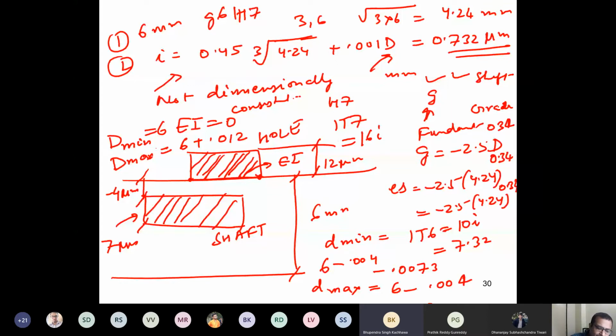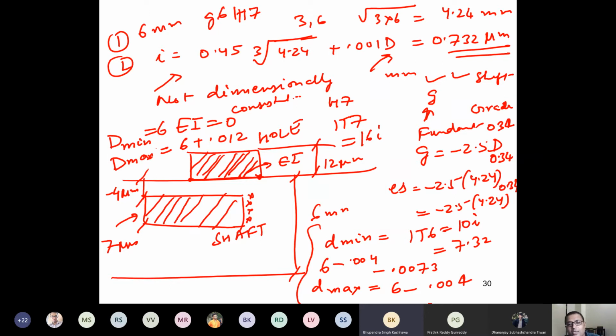In most cases, I can make my shaft here also, this size also, this size also, as long as I am between this D min and D max. As long as I have this 7 micron tolerance, I have to make my shaft between these two limits and my hole between these two limits. So I have to make my hole between 6 and 6.012.